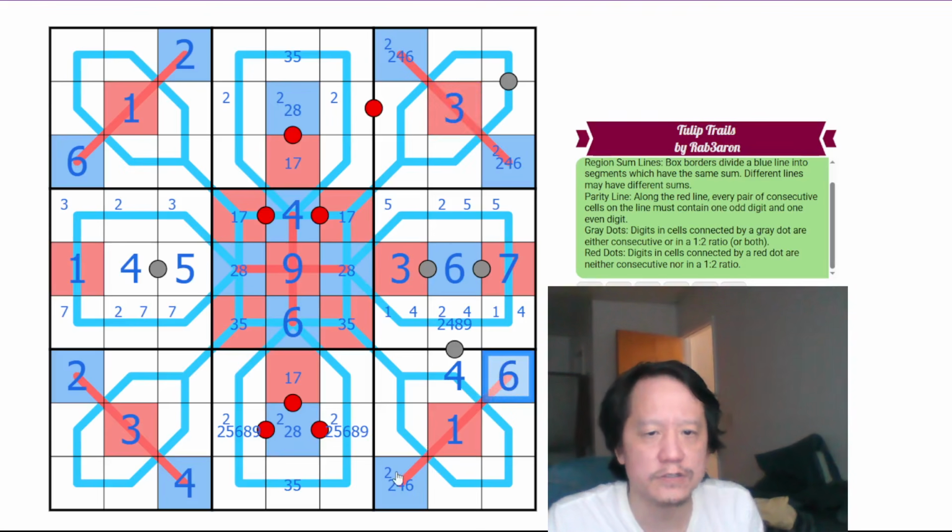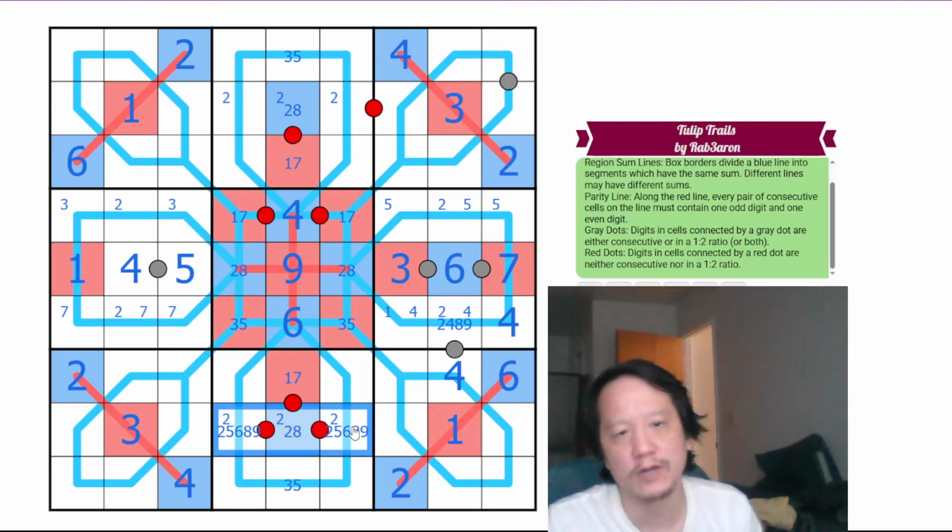So 1, 6, and 2. So this would be 2, and that would be 4. So that would force 4 to be there. So far that's fine. But we have 4 here and 4 here, which is not allowed because we can't have 4 anywhere in this row.